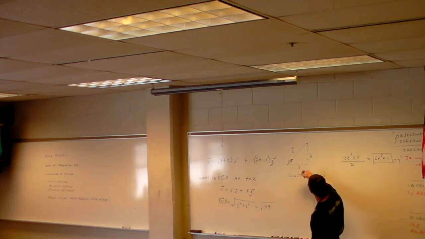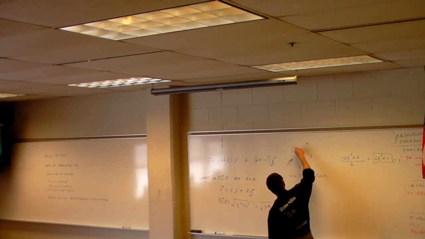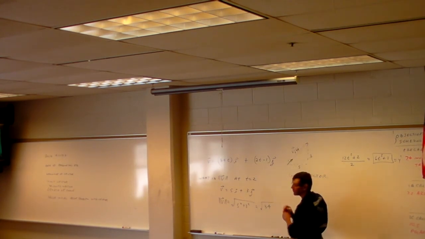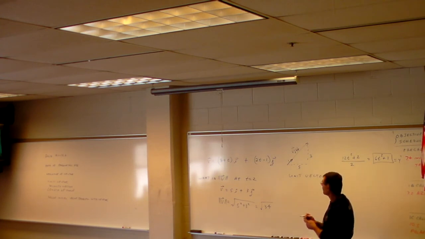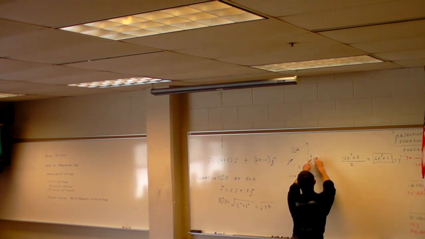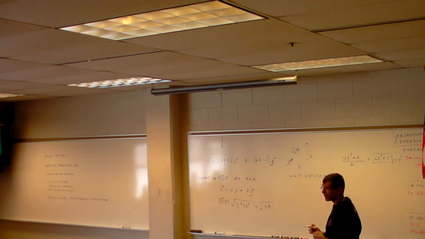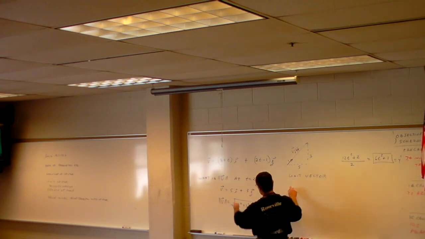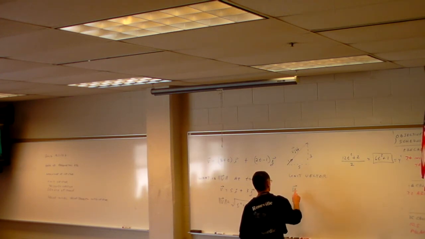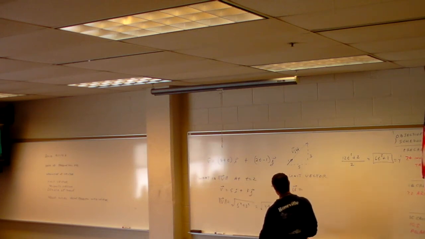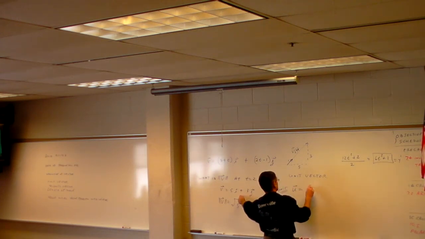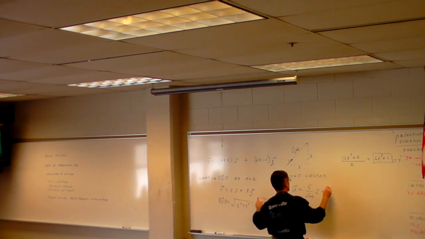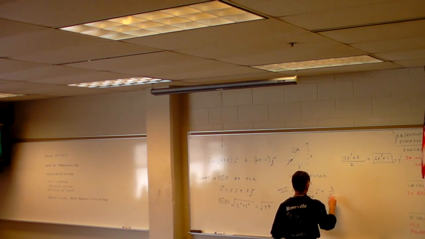If this is the square root of 34, to reduce this down to 1, we have to divide it by the square root of 34. So we divide each of the components by the square root of 34. So the unit vector would be 5 divided by the square root of 34 i plus 3 divided by the square root of 34 j.